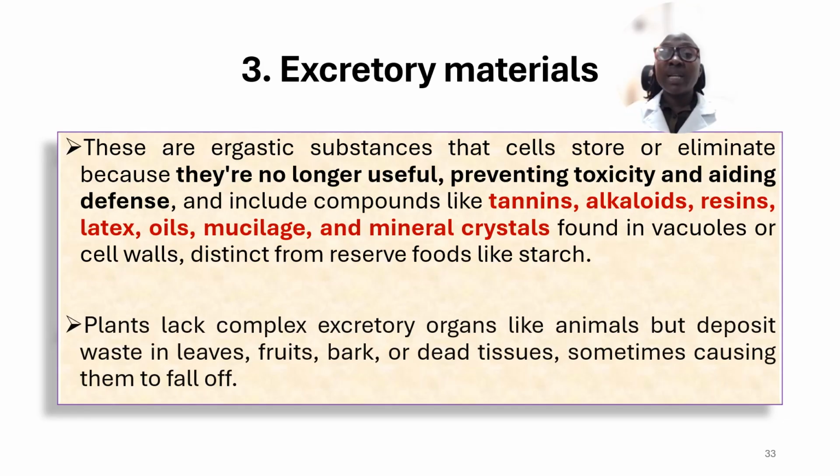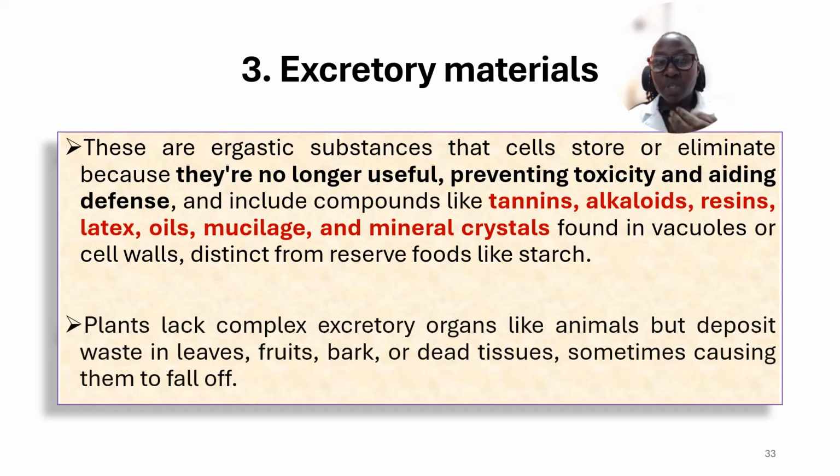So the plants excrete these so as to prevent toxicity and aid in defense, and they include tannins, alkaloids, resins, latex, oils, especially essential oils, mucilage, and mineral crystals. So plants lack complex excretory organs like us.